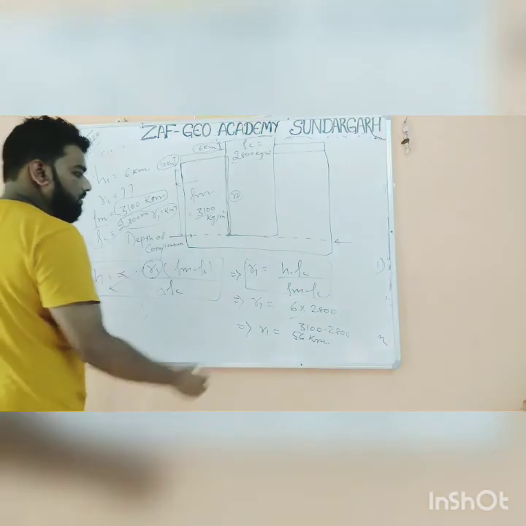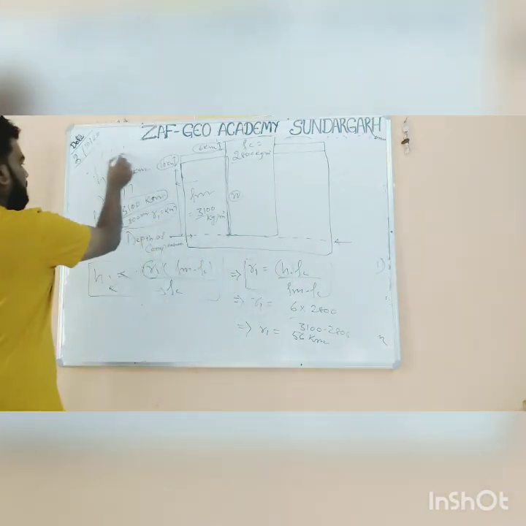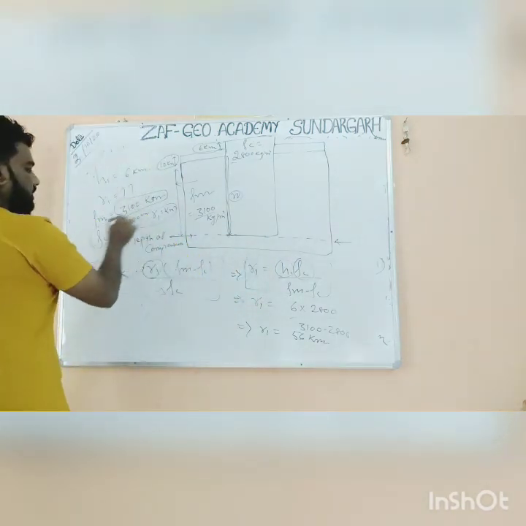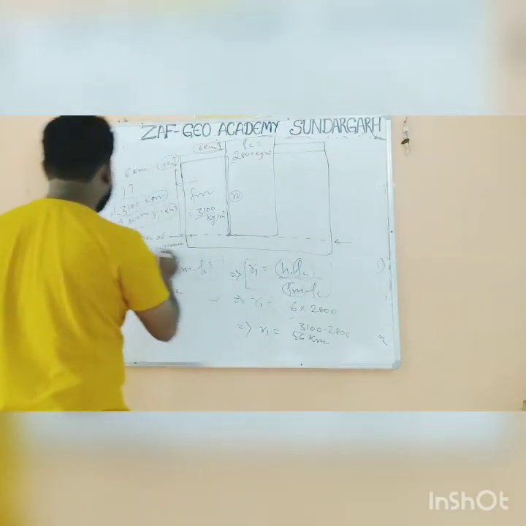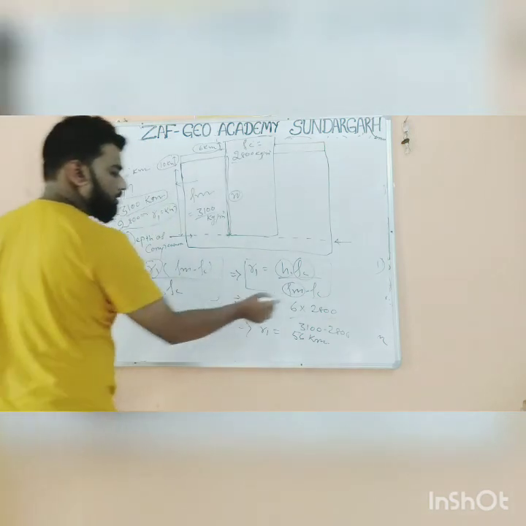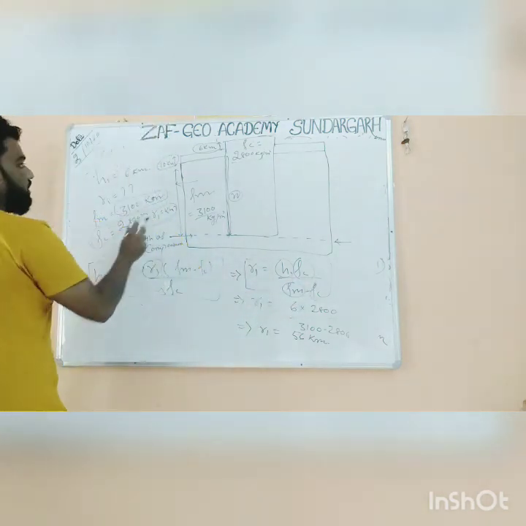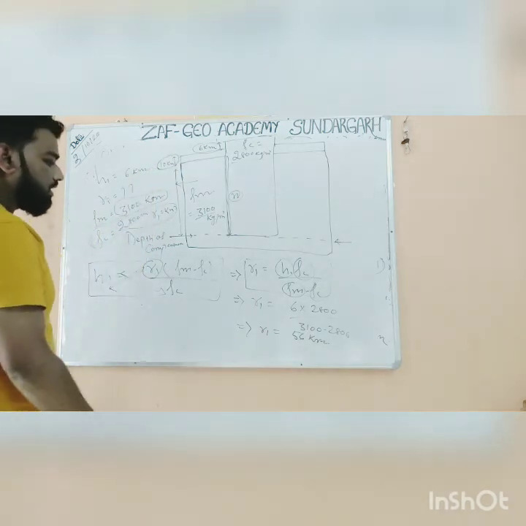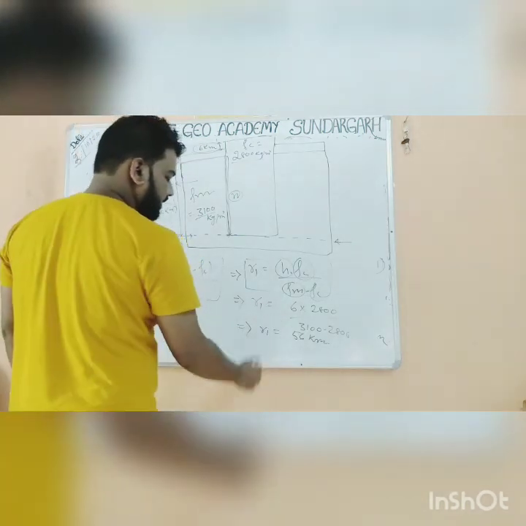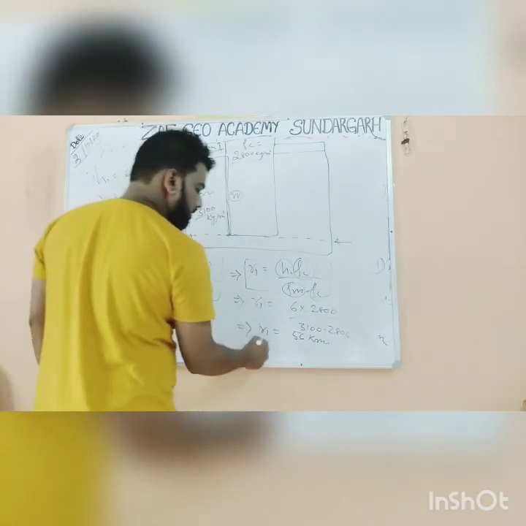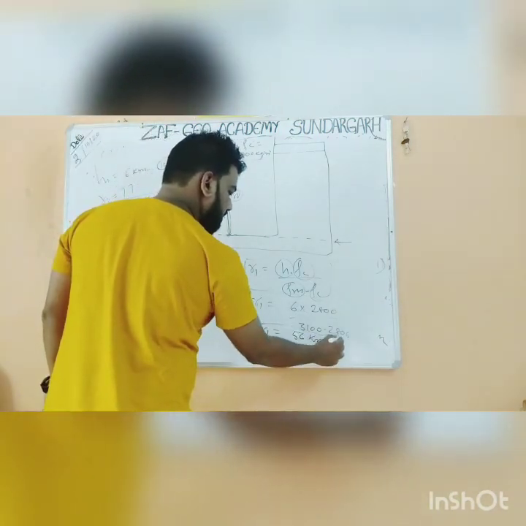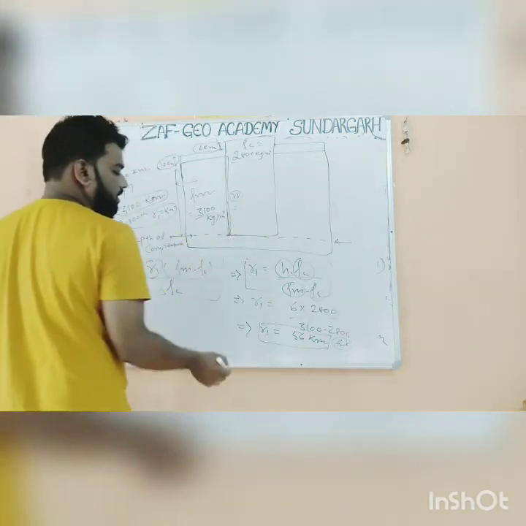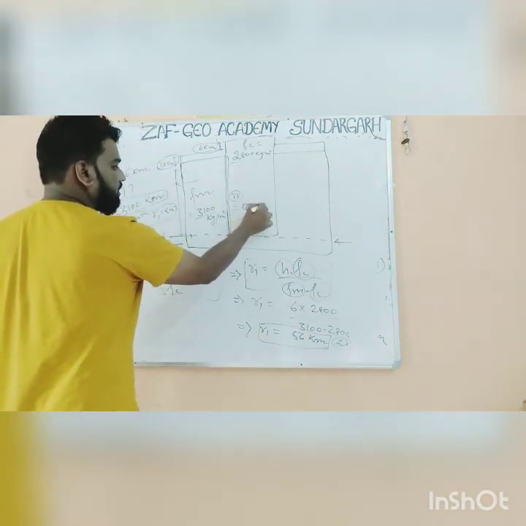Now just put the values of h1, rho c, rho m, and rho c. By putting the values we get the root r1 equal to 56 km. This is the answer.